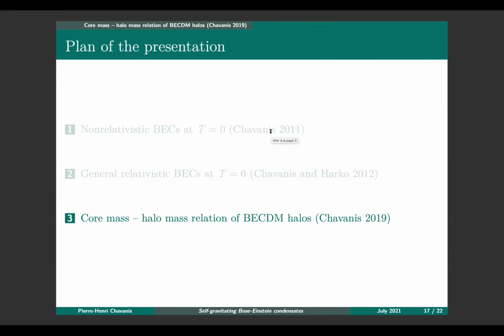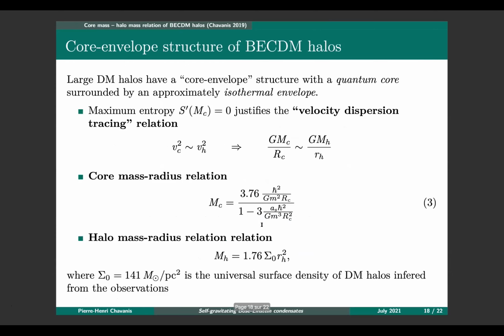Finally, I will consider the case of dark matter halos made of Bose-Einstein condensates. We can show that large dark matter halos have a core-envelope structure with a quantum core, which corresponds to the BEC stars that I showed previously, surrounded by an approximately isothermal envelope.